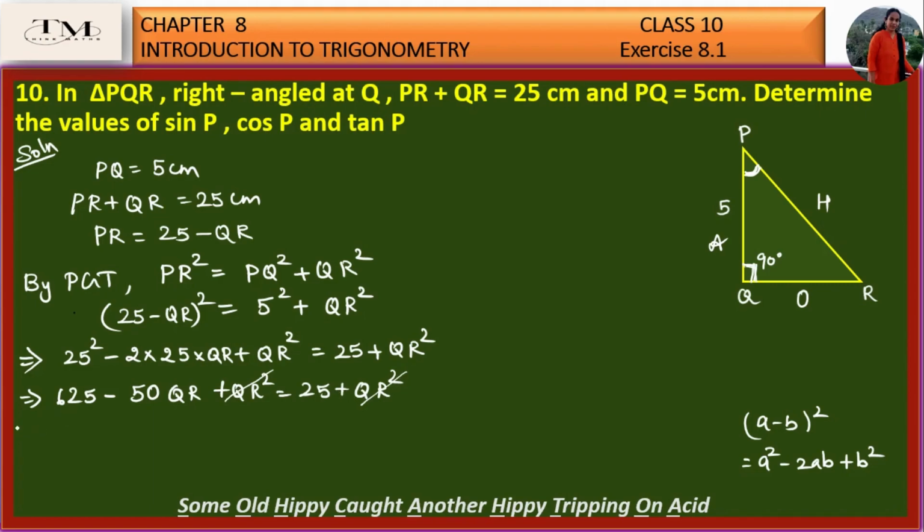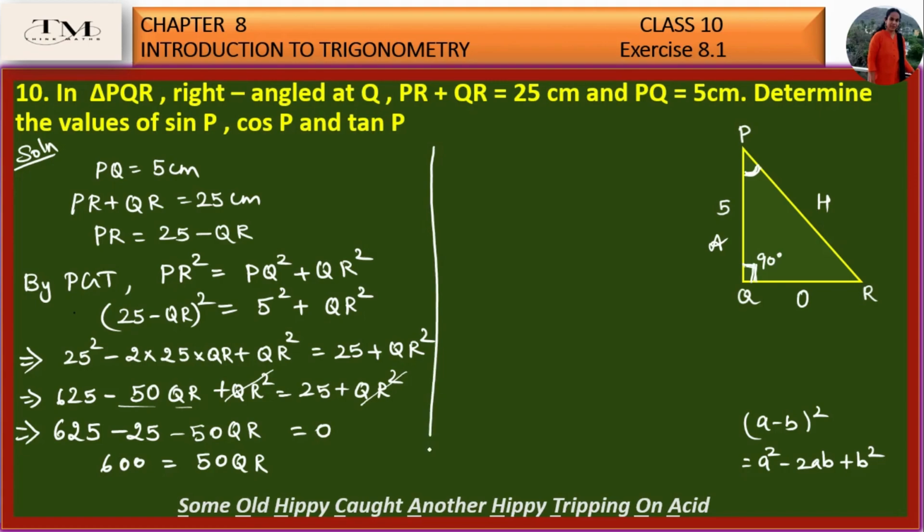What is remaining? Remaining we have 625. So this plus 25 will become minus 25 and this minus 50 QR equal to 0. 625 minus 25 is 600. Minus will become plus on the other side. So 600 equal to 50 QR.